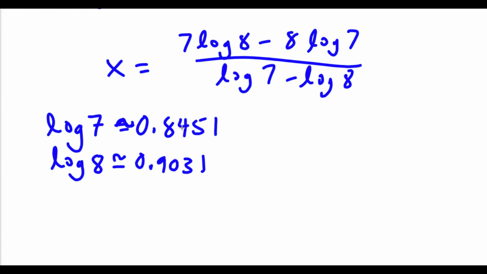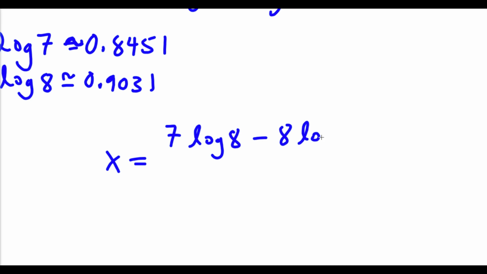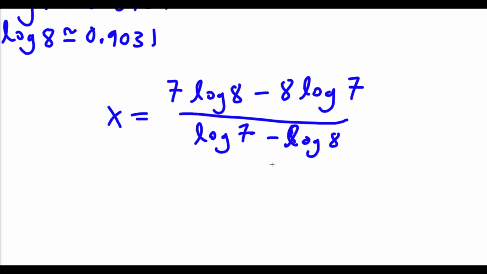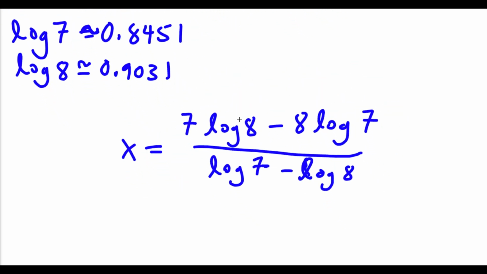So now if I plug these values into our original equation, x is equal to 7 times log 8 minus 8 times log 7 divided by log 7 minus log 8. So now, if we plug these values in, first off, we have 7 times log 8.